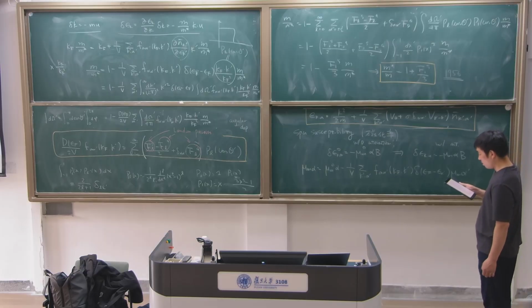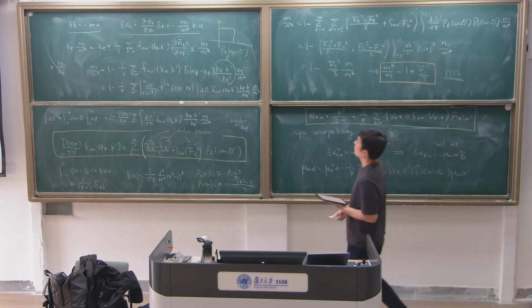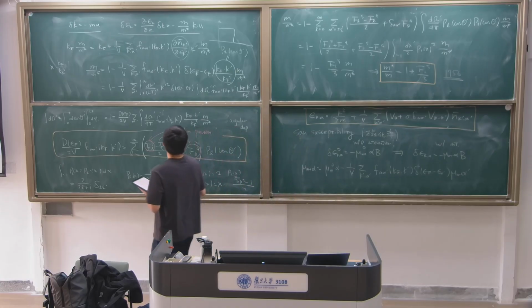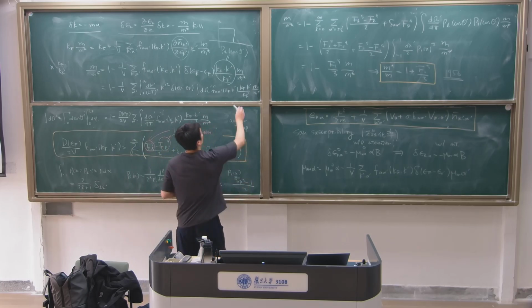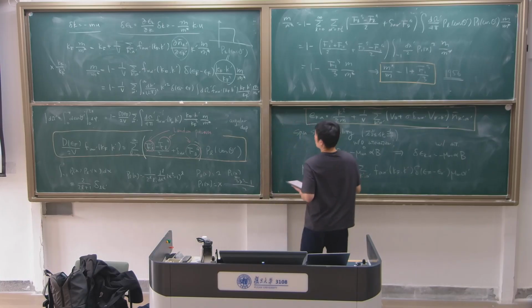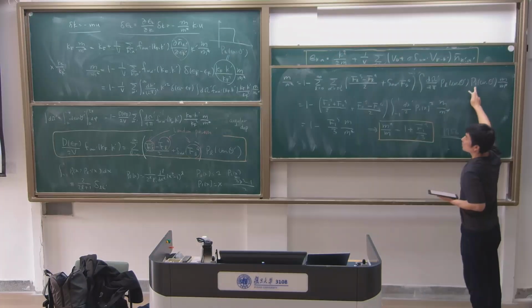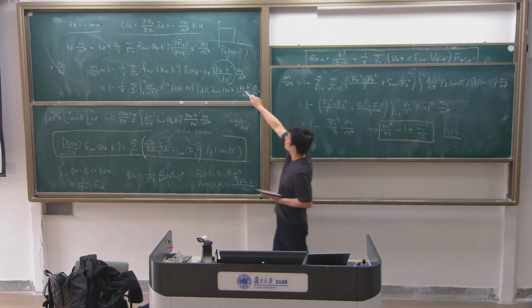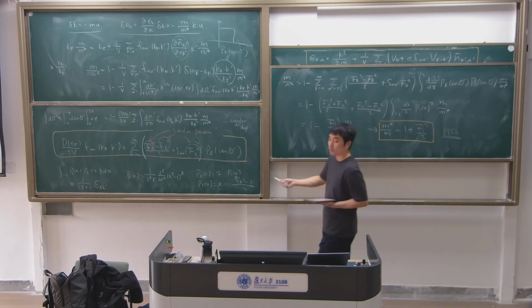And now we can use the same trick as before. But now here there is no such term. So we just have the integration. We want this term to become P1. But there is no such term, so we have to use P0.